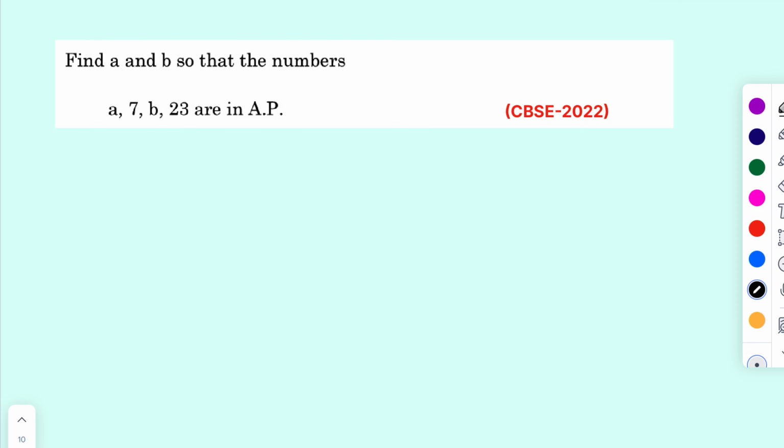Next is find a and b so that the numbers are in AP. The AP in the general form we write a plus d, a plus 2d, a plus 3d, like this. And if we compare, a plus d is 7, a plus 2d is b, and a plus 3d is 23.